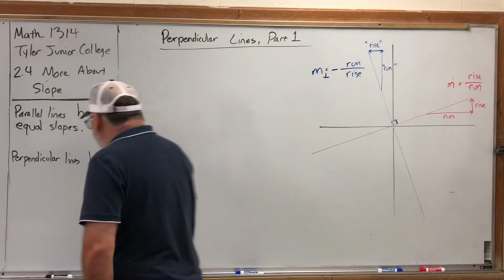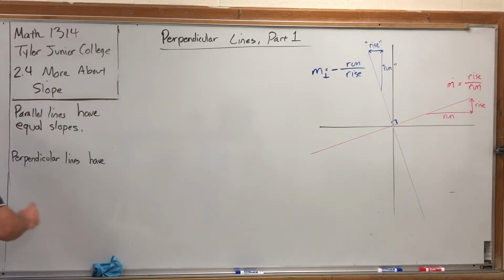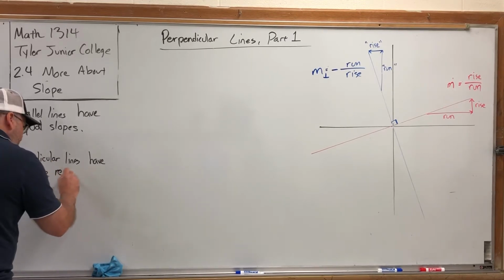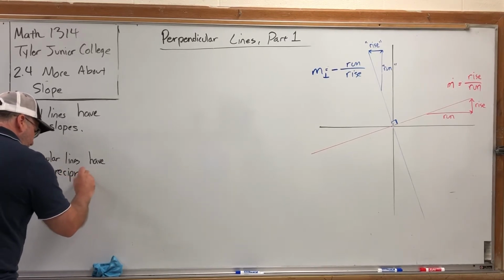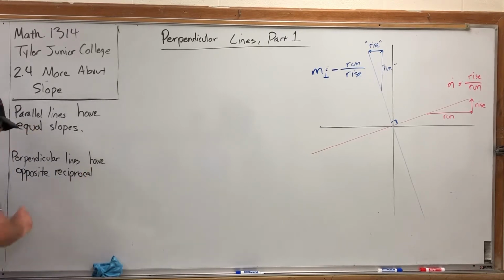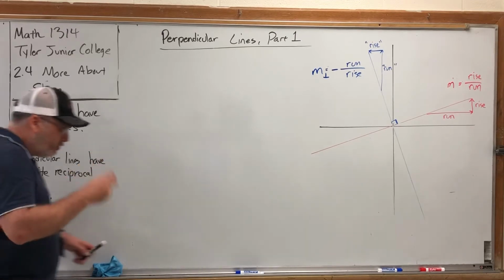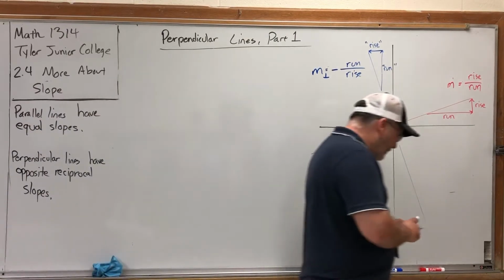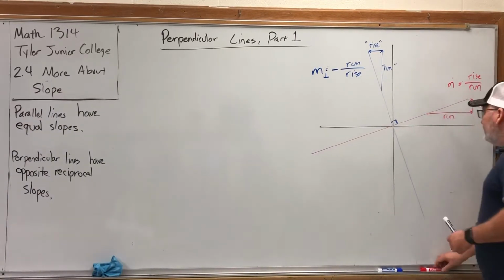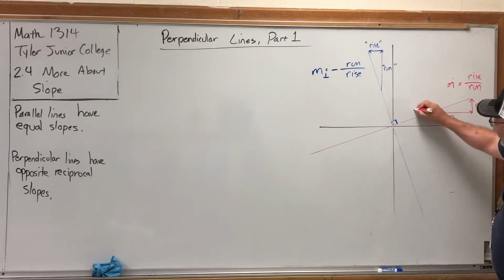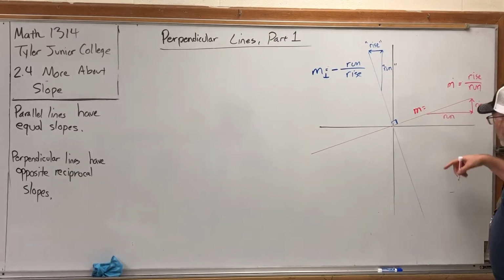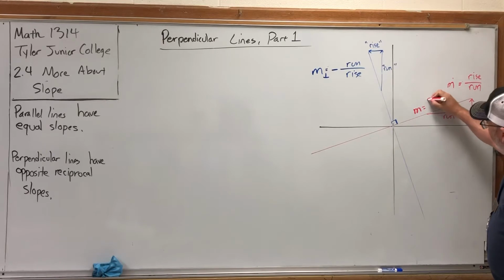So that being said, perpendicular lines have opposite slopes, meaning one is positive and one is negative, and reciprocal slopes, meaning you turn one upside down to get the other. So you have to do two things to get a perpendicular slope. In this particular example, let's say that this slope was, we'll say, 5/3.